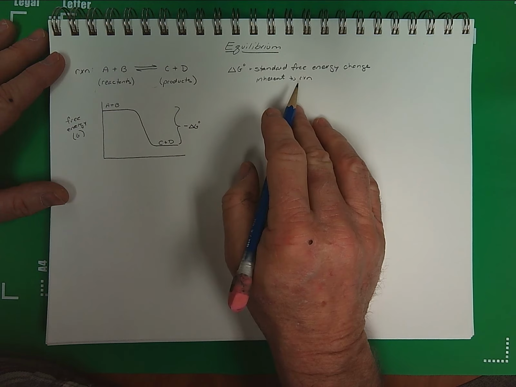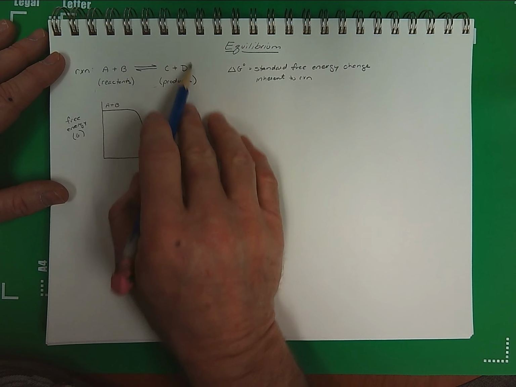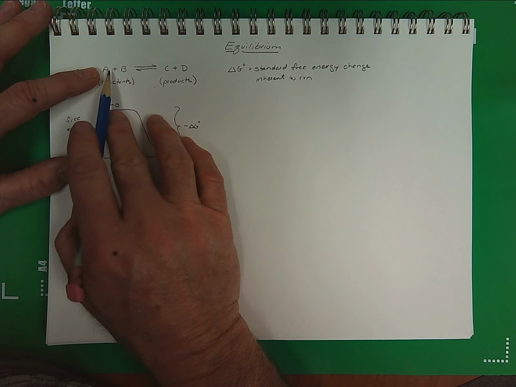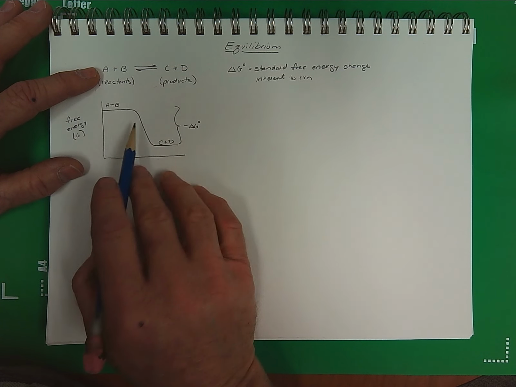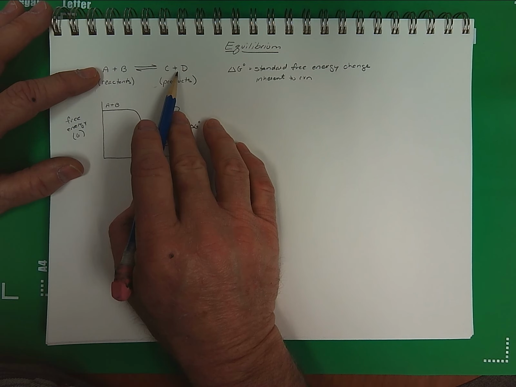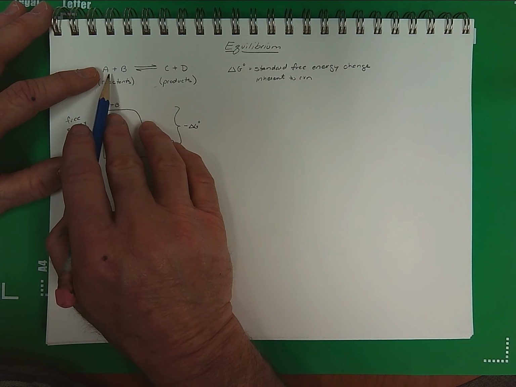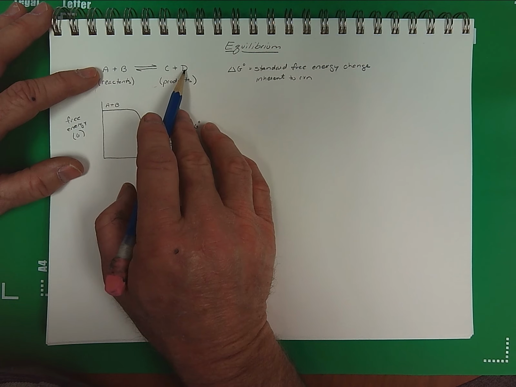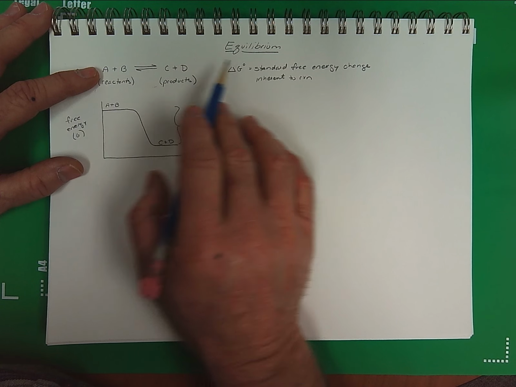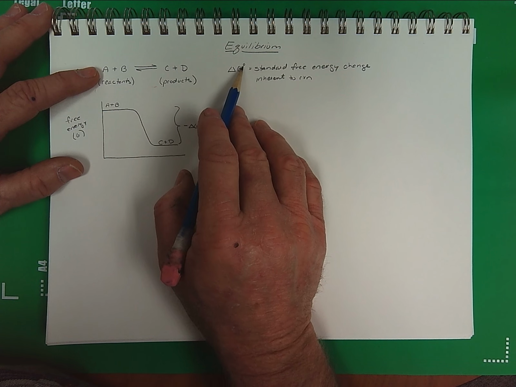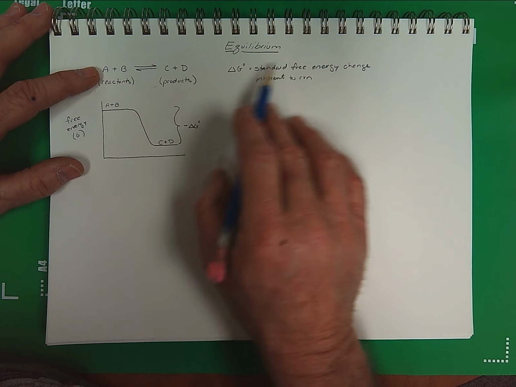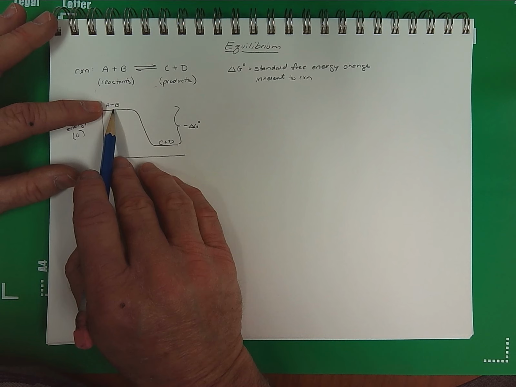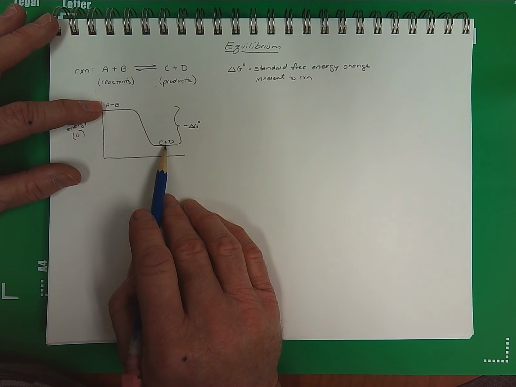What I mean by inherent to the reaction is that, because we have a change in free energy between reactants and products, this is standard for this particular reaction. If we change our reactants to, say, E and F, leading to G and H, that is a completely different reaction and will have a different delta G naught, standard free energy. So the standard free energy change is the description of the energy change between the reactants and the products.